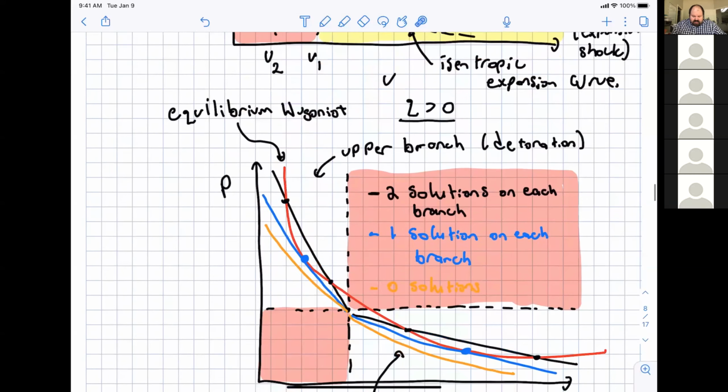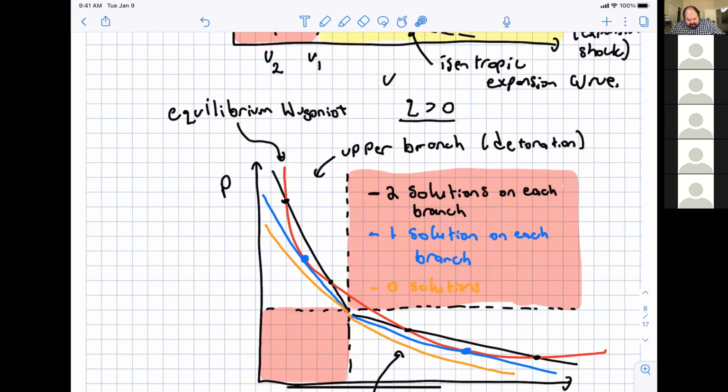Okay, now we're going to consider the case where we have chemical heating due to chemical reactions. And so instead of our product Hugoniot being attached to the origin, it's going to be pushed up slightly.